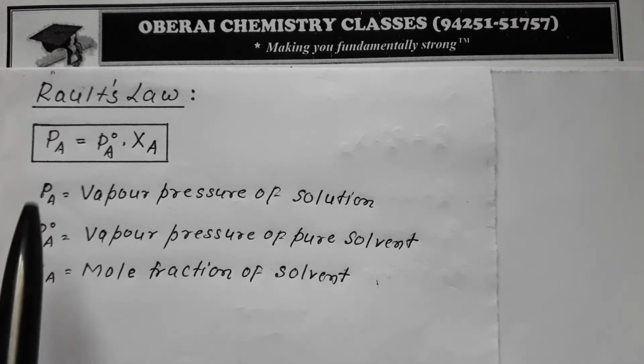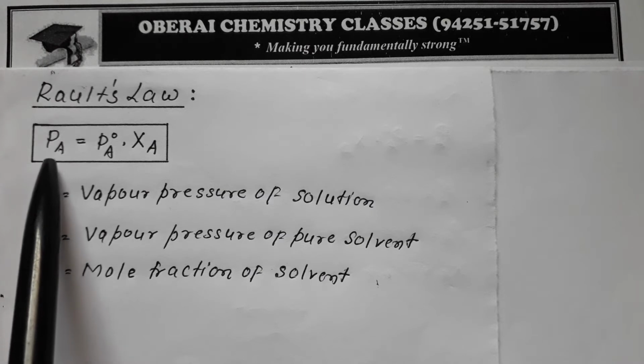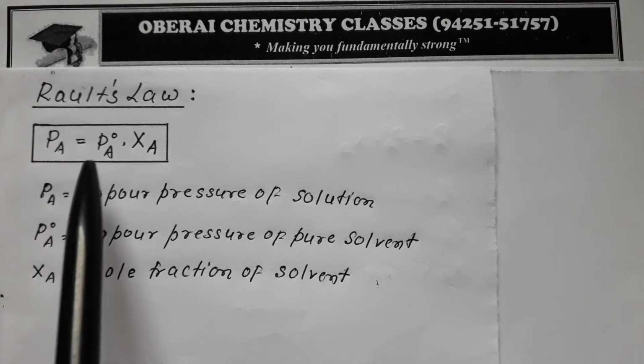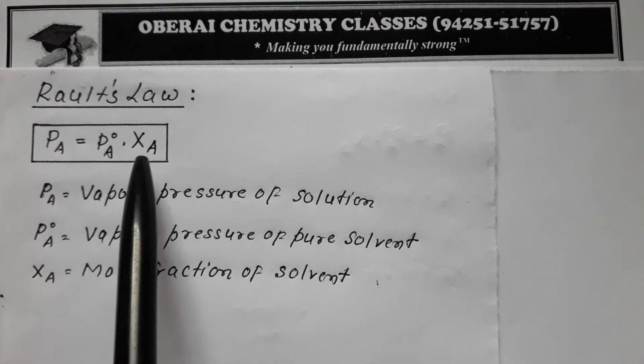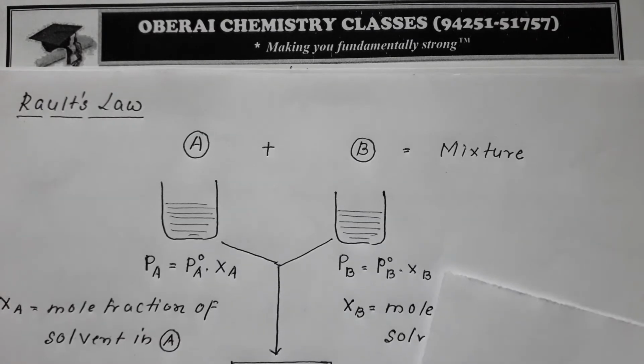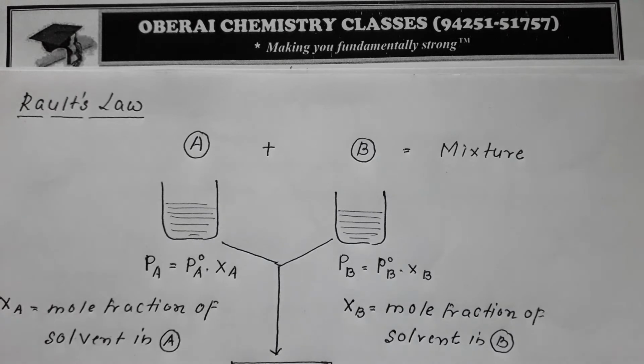So the vapor pressure of solution is equal to the product of the vapor pressure of pure solvent and its mole fraction. That is, PA is equal to P0A into XA.